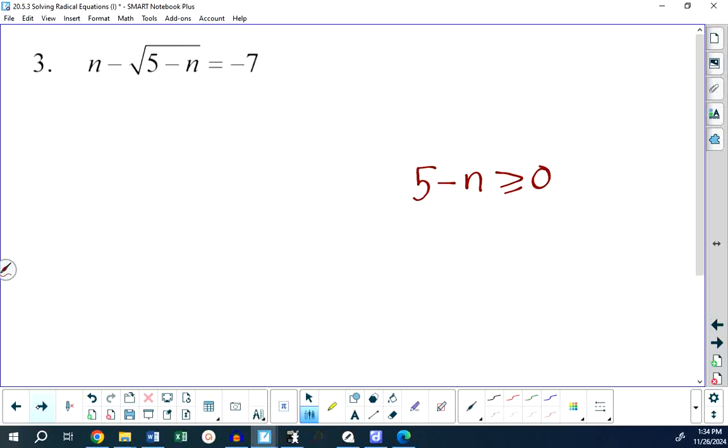So if you do it that way, it becomes 5 is greater than or equal to n. If you do it the other way, you subtract 5 from both sides, right? So if I want to get n by itself here, do you agree I have to divide both sides by -1? Okay. We'll come back to that.